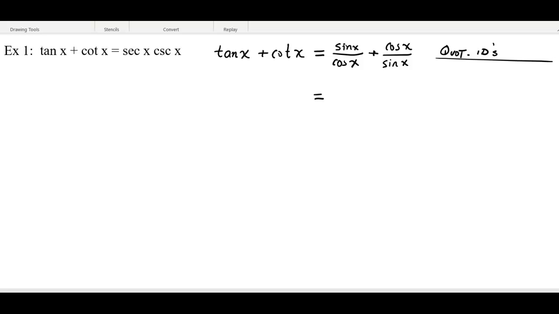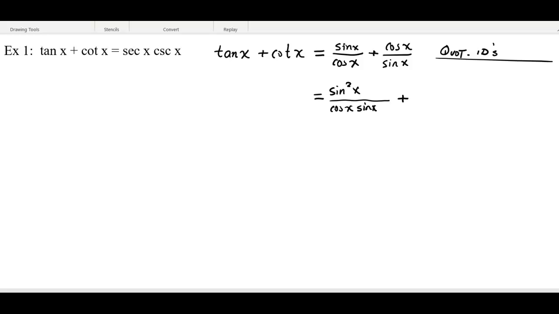So now, if the only way I'm going to go from adding two fractions to one fraction is to find a common denominator, I'm going to multiply the denominator and numerator of the first fraction by sine of x. So that's going to give me sine squared of x over cosine of x times sine of x.